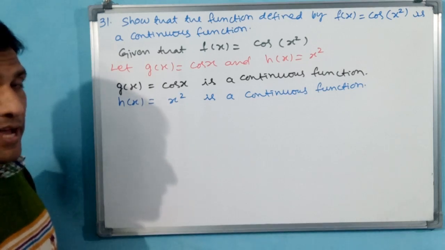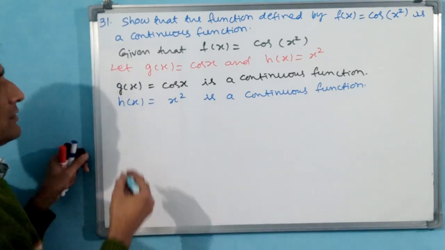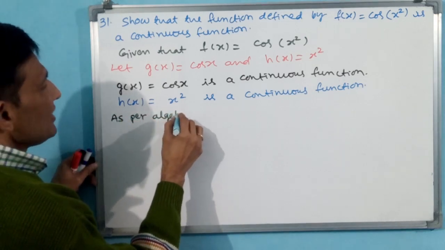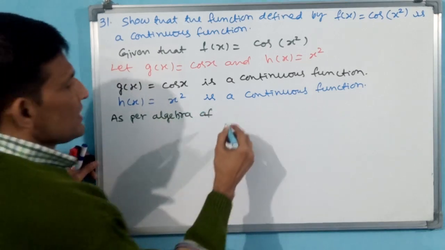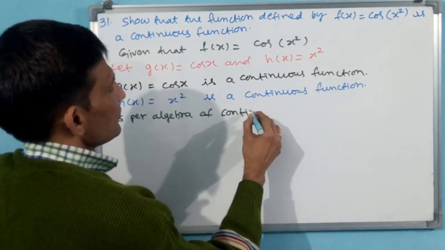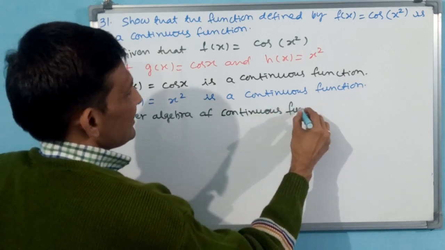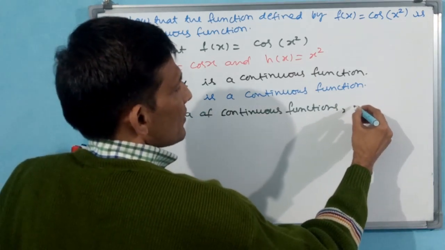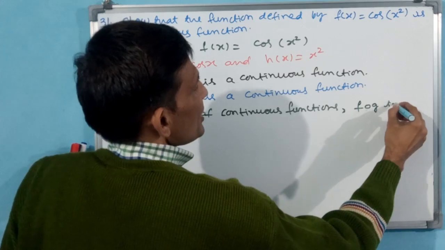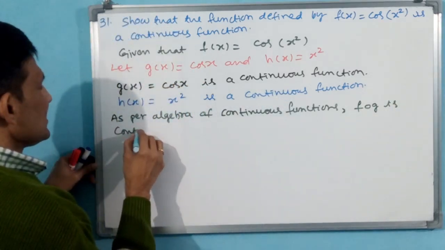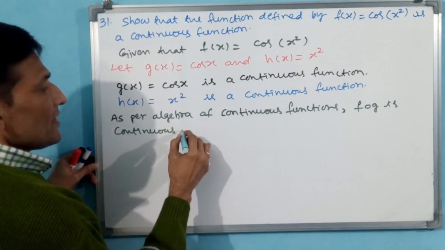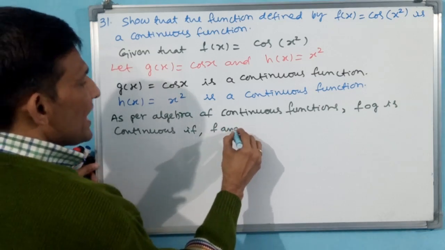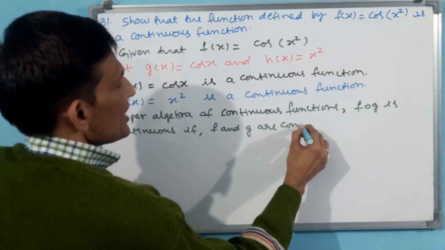Now you are going to write: as per algebra of continuous functions, f of g is continuous if f and g are continuous.